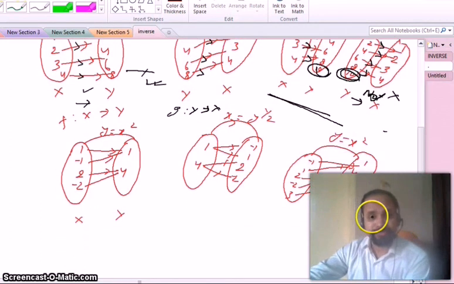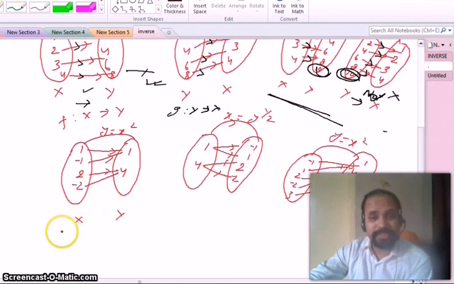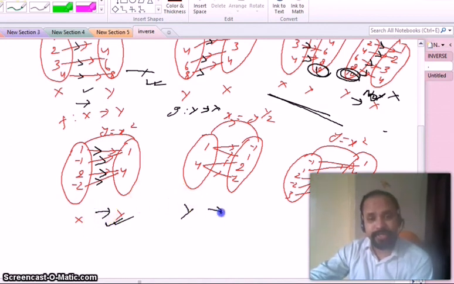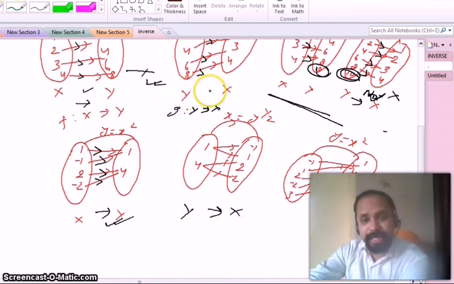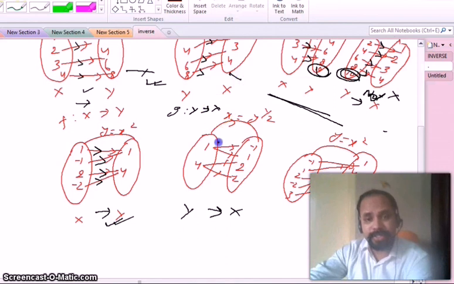Let's see another example. Why a many-one onto function is not invertible. If we take y equals x square, then 1 having image 1, minus 1 having 1, 2 having 4, minus 2 having 4. It is a many-one function. And if we see it is X to Y, and if we see Y to X, then 1 has pre-images 1 and minus 1, 4 has 2 and minus 2.